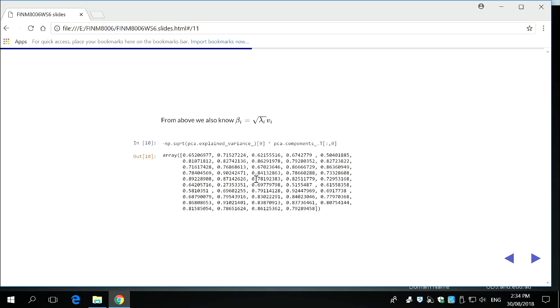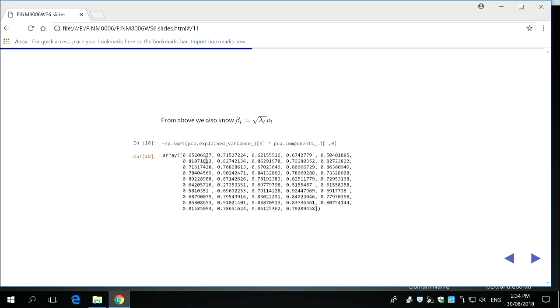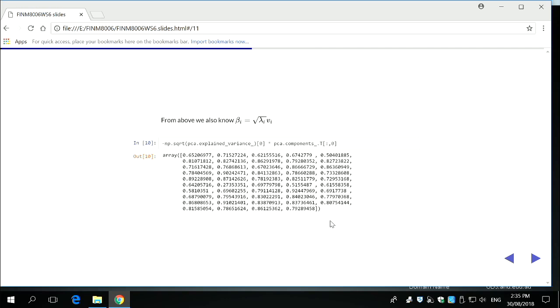The first factor is really close to market returns, so this beta will be the loading on the market returns. And if you count, there are 49 of them. That's 49 industries, so 49 industries each have loadings on the market returns.